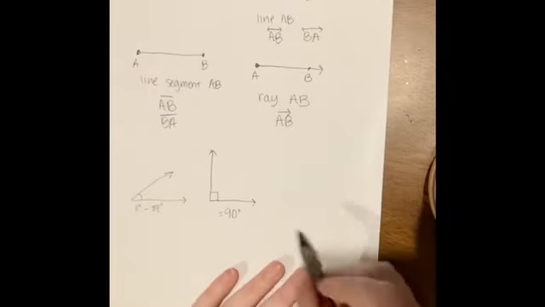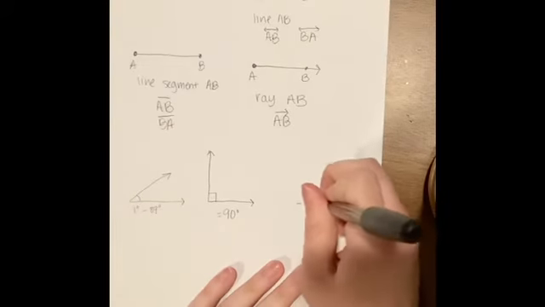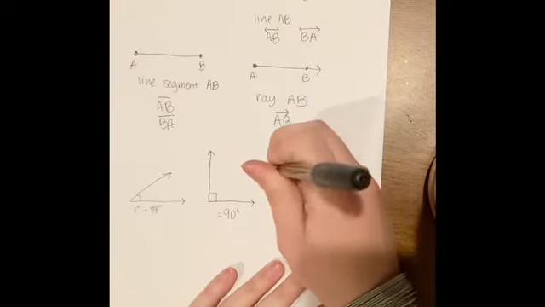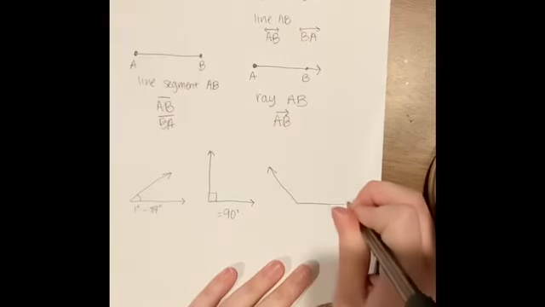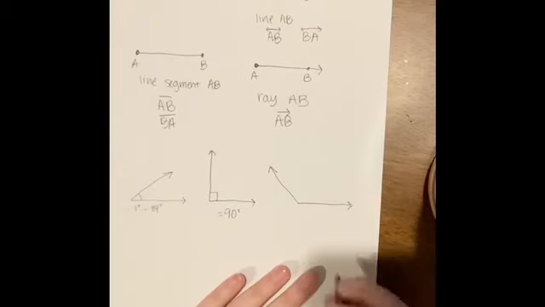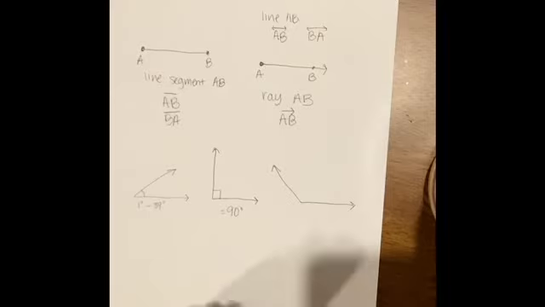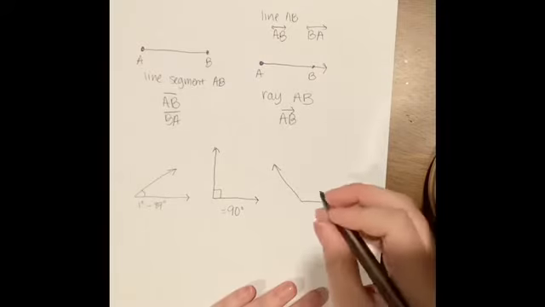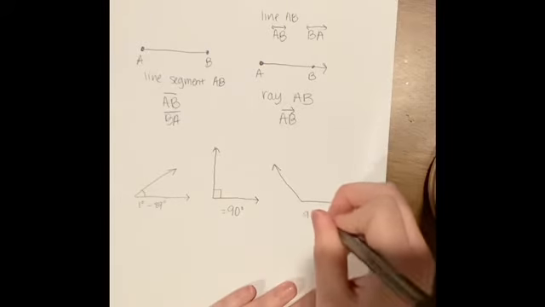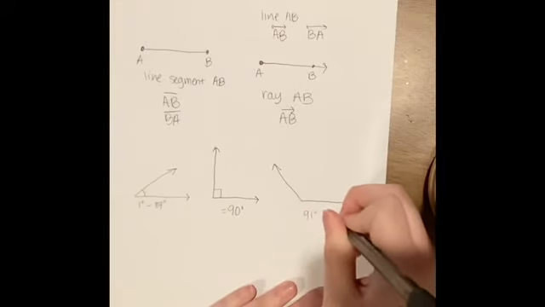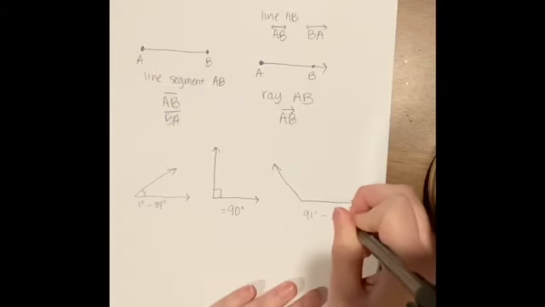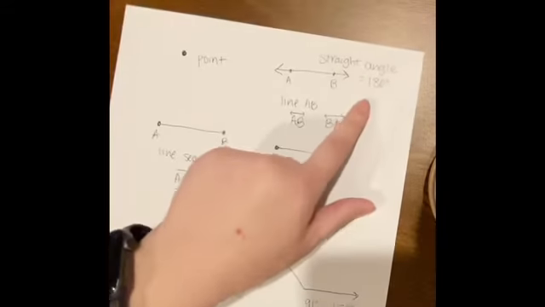And then the ones that are bigger than a 90-degree angle would be obtuse. I think that word kind of just makes me think of big. Obtuse. It is more than 90 degrees. So it'd be anywhere from 91 degrees to 179. It wouldn't be 180 because then it would be a straight angle.